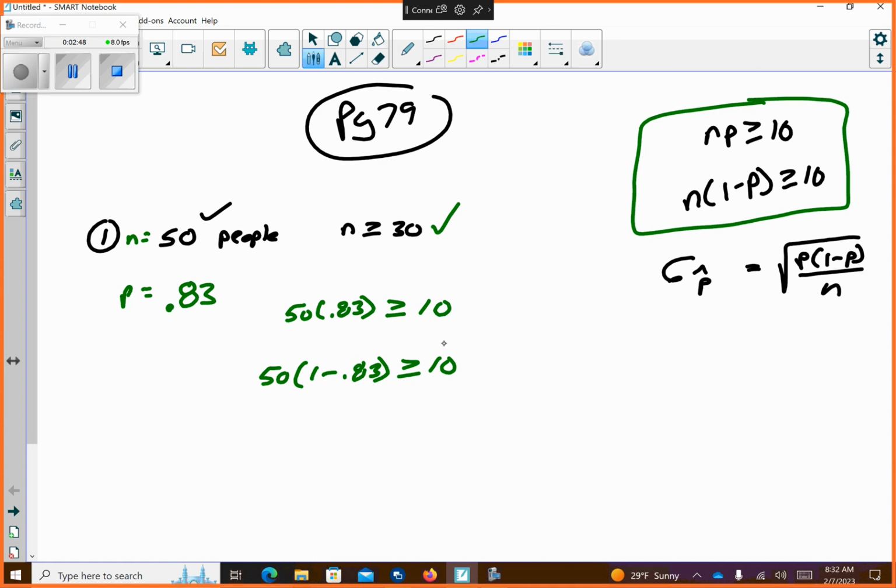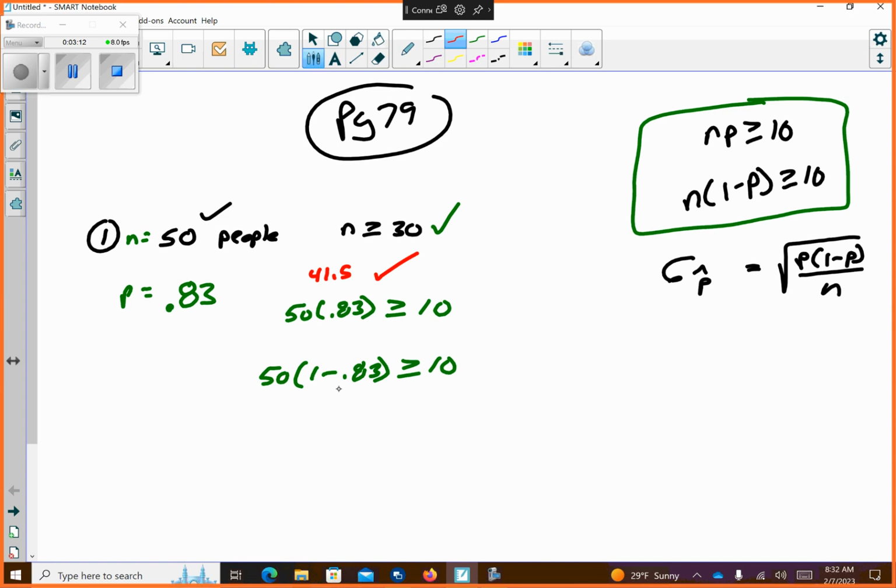Can someone go 50 times 0.83 on their calculator for me, please? Or on your phone calculator or whatever your method is. 50 times 0.83, anybody? 41.5. Okay, so this one checks on the top one.